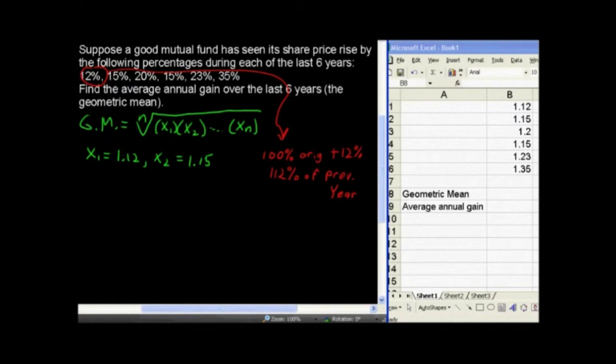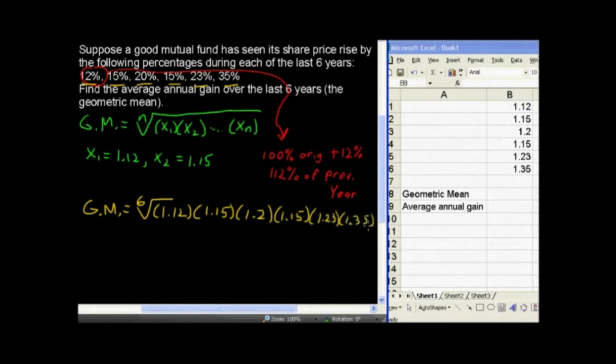So the geometric mean, abbreviated GM, is the 6th root, because we have 6 numbers here. The 6th root of the product, 1.12 times 1.15 times 1.20 times 1.15 times 1.23 times 1.35.